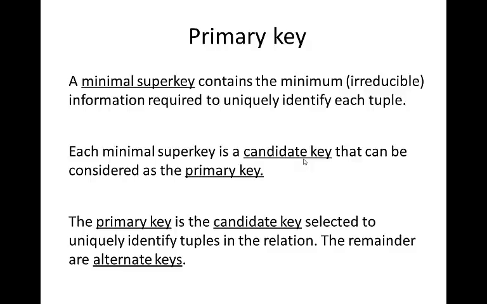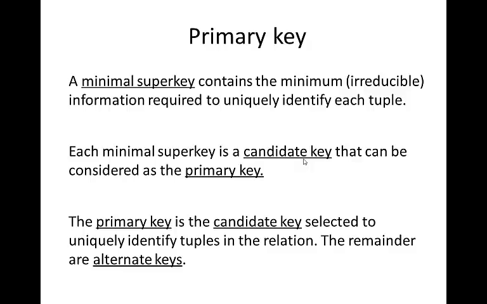We might have multiple sets of fields that contain the same amount of data, each of which uniquely identifies each row. Those minimal superkeys are known as candidate keys, and we can choose one of them to be the primary key.